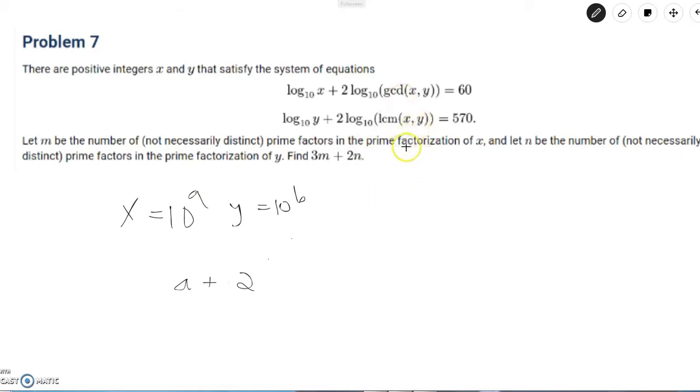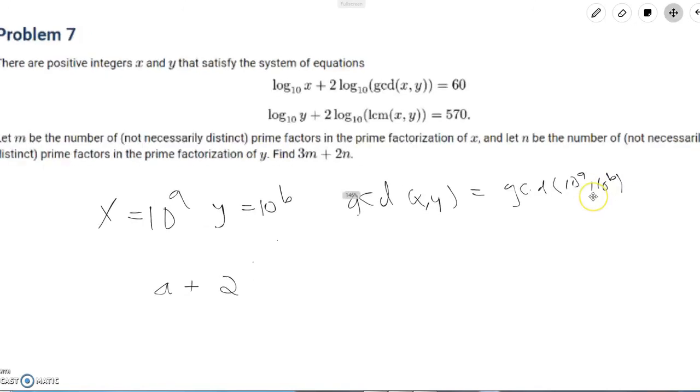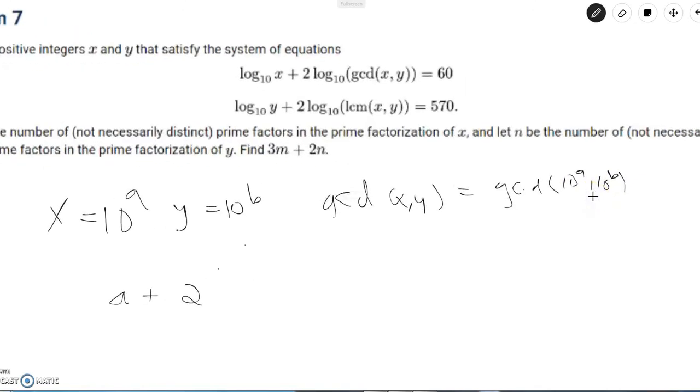So how do we represent GCD(x, y)? Well, GCD of x and y is simply equal to GCD of 10 to the a and 10 to the b. We're assuming that a and b are positive integers here, and if this doesn't work out, then we can try another method.